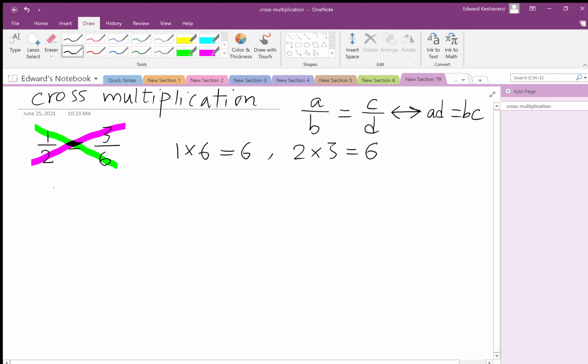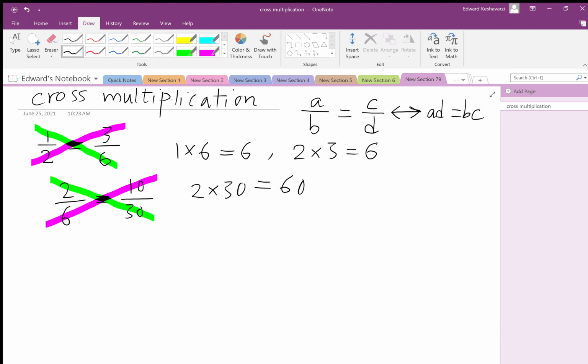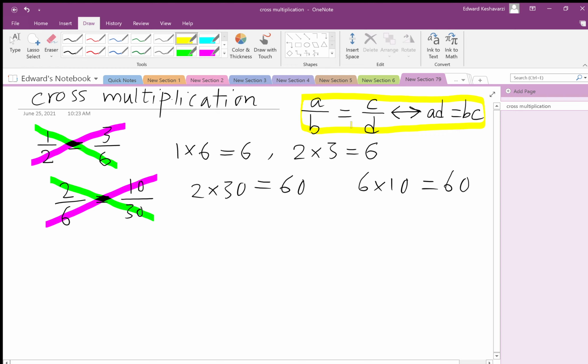For example, we know that 2/6 equals 10 over 30. Now let's multiply this diagonal. So 2 times 30 gives you 60. Also, if you multiply another diagonal, it's going to be 6 times 10, which is the exact same number, which is 60. Therefore, this equation is absolutely correct.